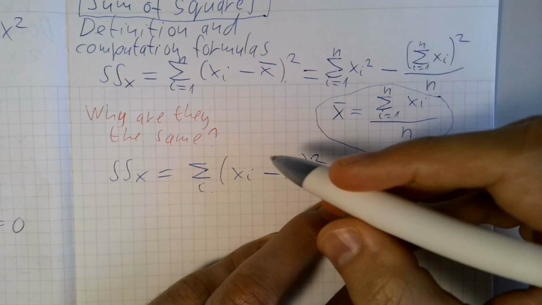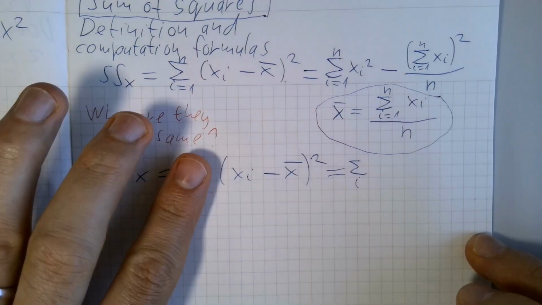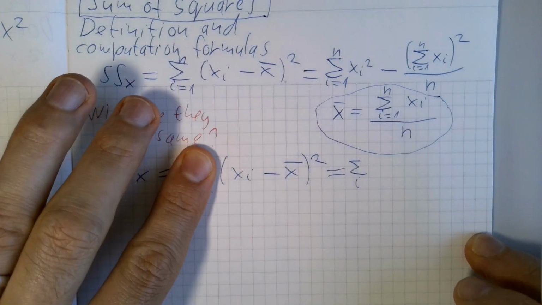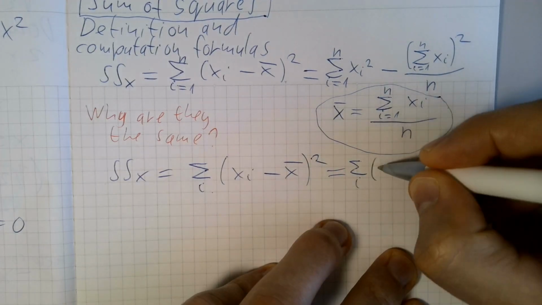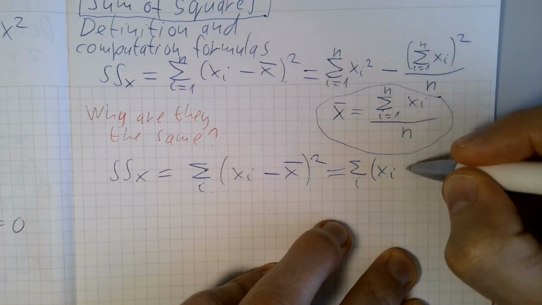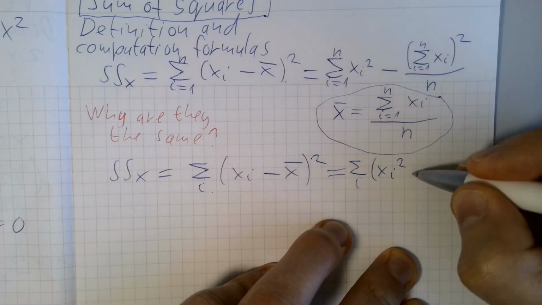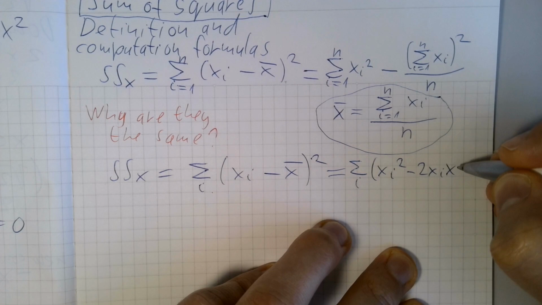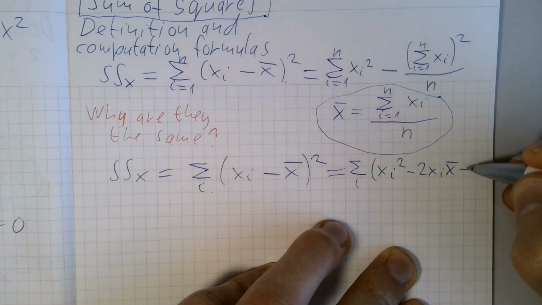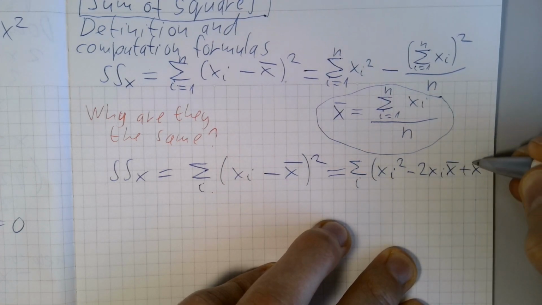Summing over, but I can forget about the sum and just look at this expression, and this will be xi squared minus 2 times xi times the mean plus the mean squared.